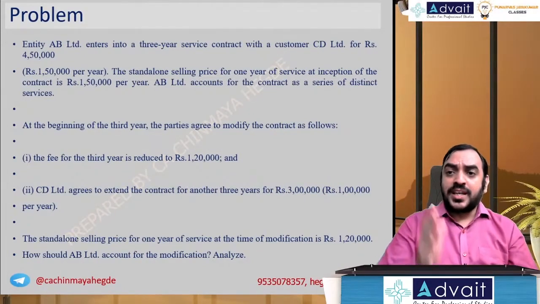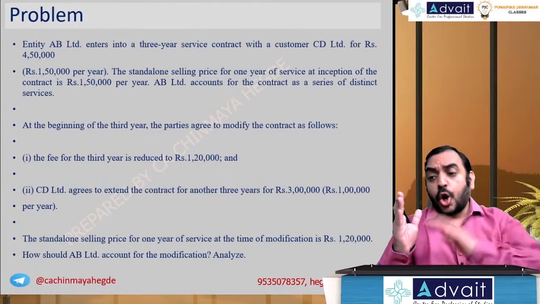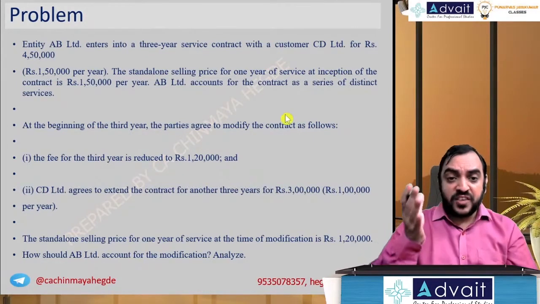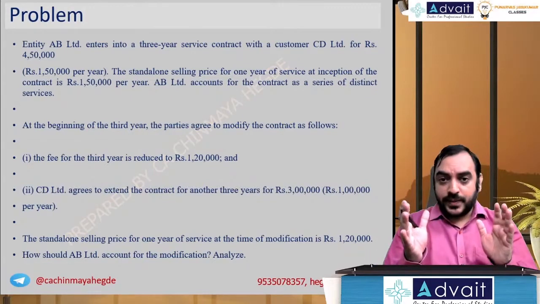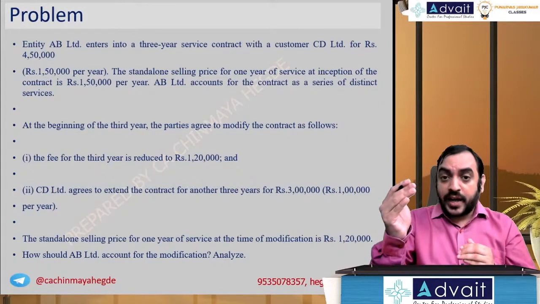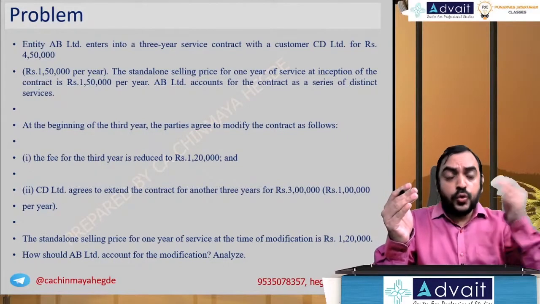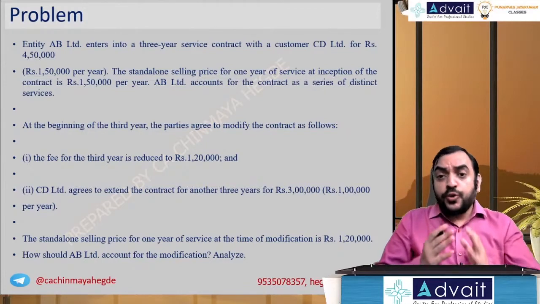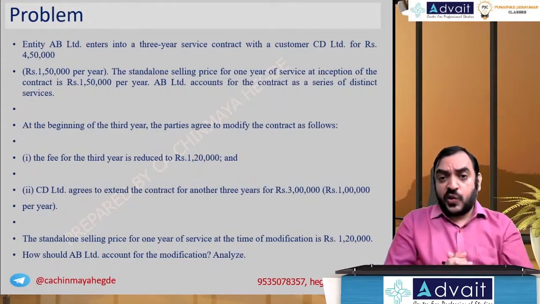So you can account for it as a separate contract or you can treat it as a part of the same contract. So when there is a modification, there are two possibilities. Possibility number one, you treat it as a separate contract. Possibility number two, you treat it as a part of the same contract. If you want to treat it as a separate contract, two conditions have to be satisfied.